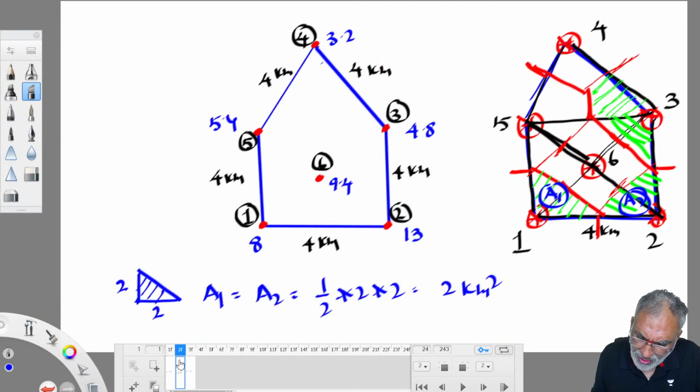So it is 4. So we got A3 and A5. Both of them carry the same area, these two.